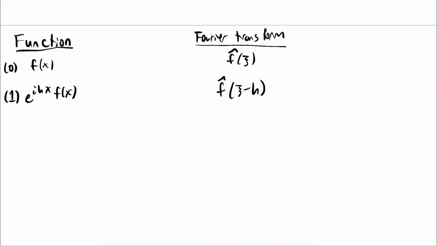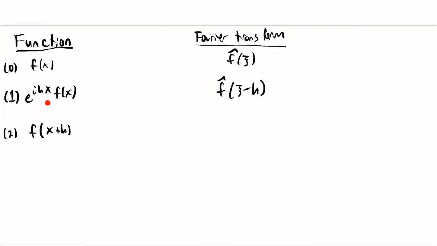Right, and so the second property is, instead of multiplying f by a complex exponential, let's say I look at f and I shift x by some particular value, say f of x plus h. Well, then we get the opposite. Notice that here, if I multiplied by a complex exponential and then took the Fourier transform, it changed the transform by translating, right?